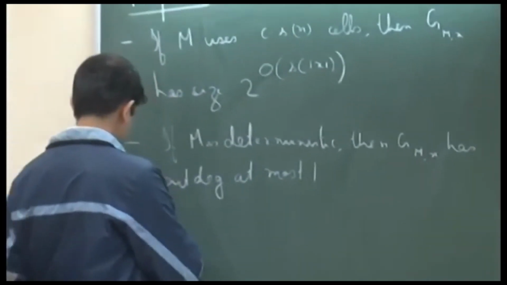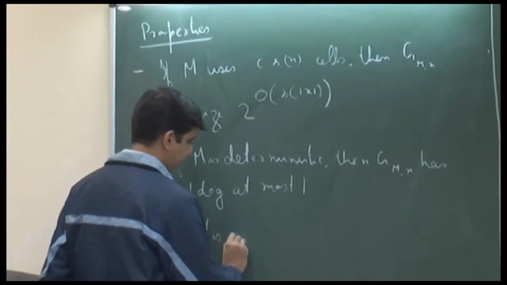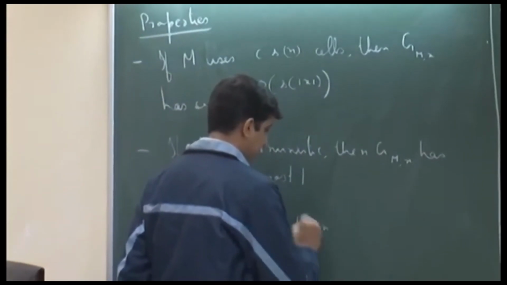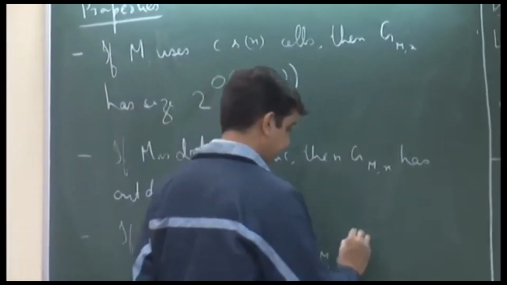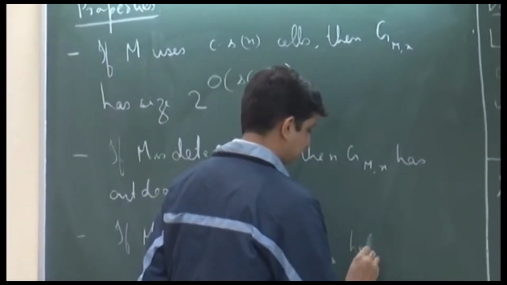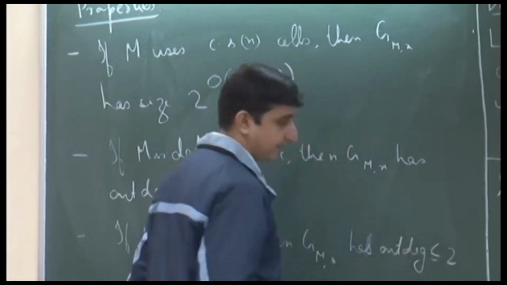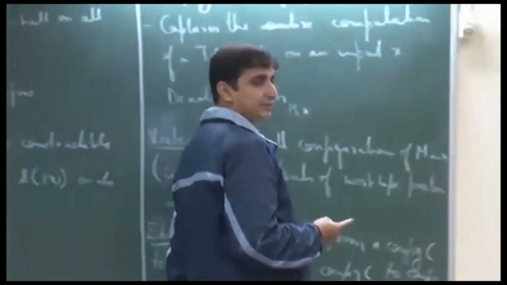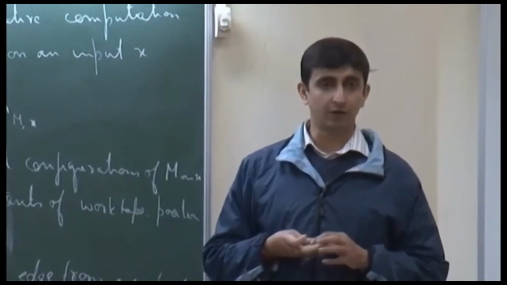And what if M is non-deterministic? Then G M of x has out degree at most 2, because now the machine can non-deterministically make a choice from any given configuration between two different configurations.